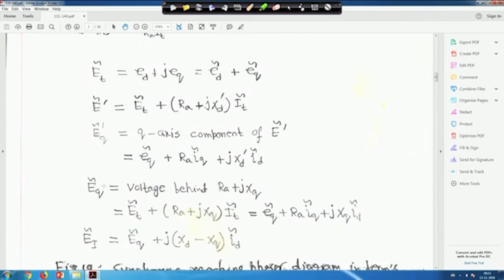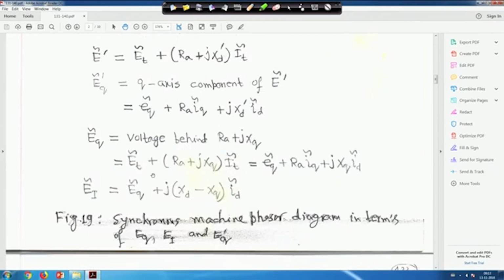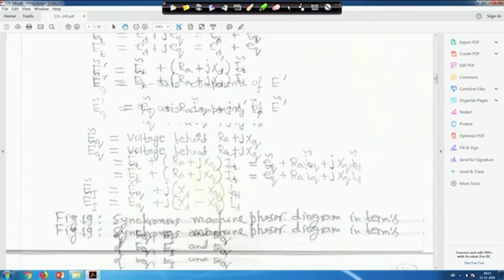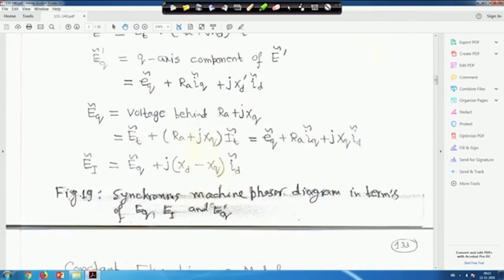And EQ tilde will be the voltage behind RA plus JXQ, that is ET tilde plus RA plus JXQ IT, which is EQ tilde plus RAIQ plus JXQ ID. All these are given in the phasor diagram, and EI tilde is equal to EQ tilde plus J XD minus XQ ID tilde. This is the summary of this phasor diagram.